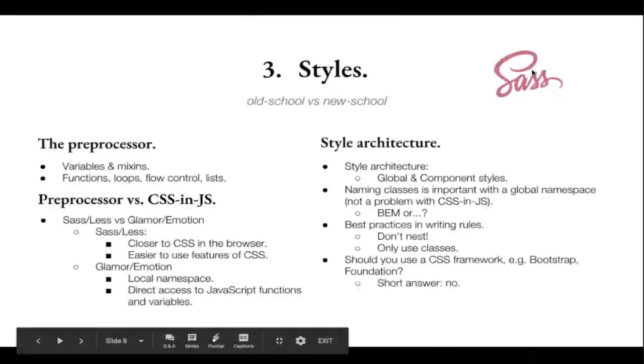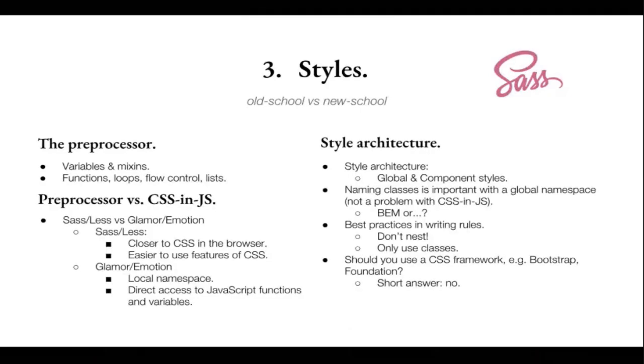I'm not going to get into this, but I will mention naming classes is a problem you're going to have to solve. There's many different solutions out there. There's some best practices. I showed you nesting, but really don't nest if you can avoid it. Only use classes, don't use IDs.